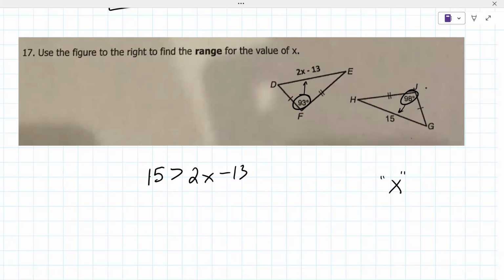All right. X is less than 14. Good job. And then 2x minus 13, the side has to be greater than 0.